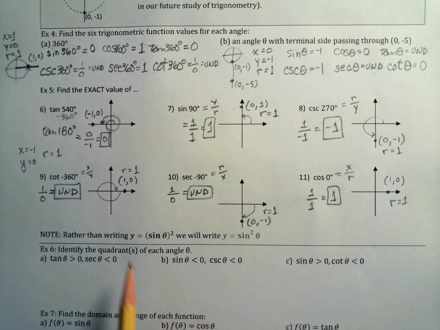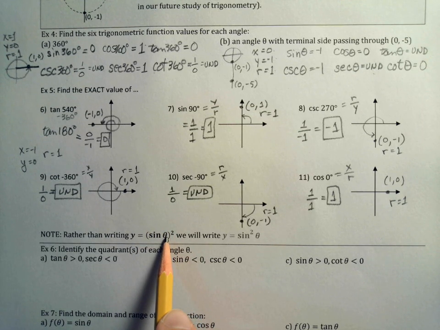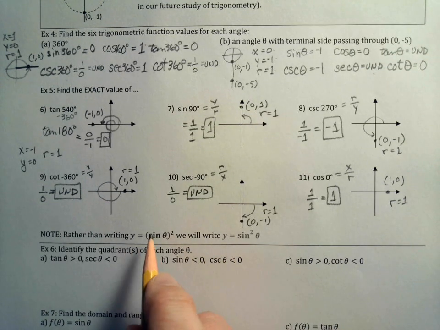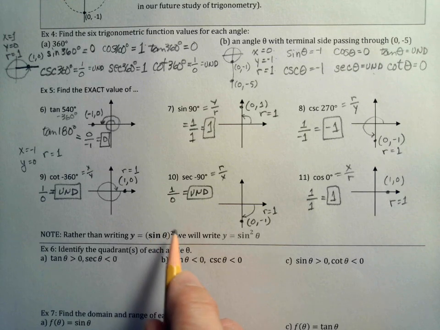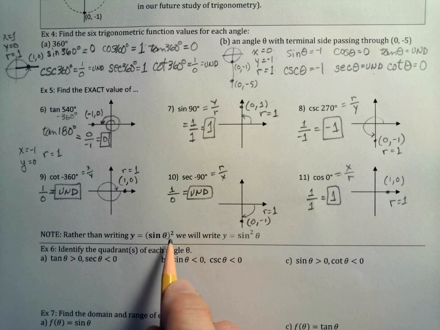Also, just before we start the next part, we're going to see this more and more as we go on through our discussions of trigonometry: we will often want to take a sine of an angle theta and square it. And so we're lazy, mathematicians are lazy. We don't want to have to take the whole ratio and put it in parentheses and square it.